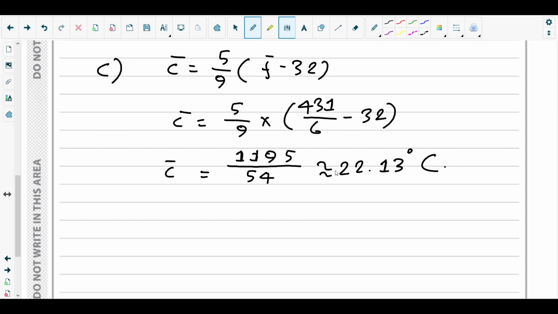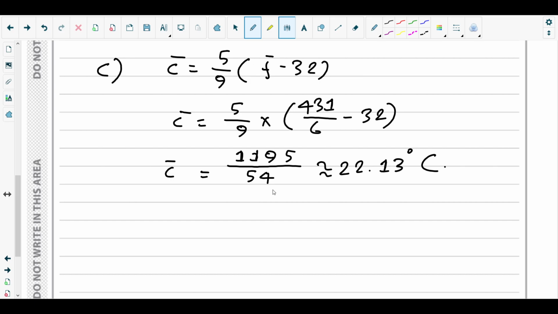Now we need to find the value for the standard deviation. So the concept from coding: if you code data by addition or subtraction, the standard deviation doesn't change. But for multiplication, the standard deviation gets changed by the multiple amount.